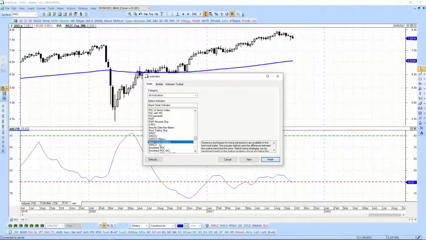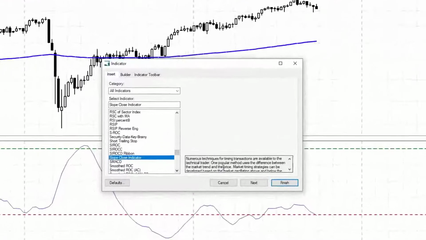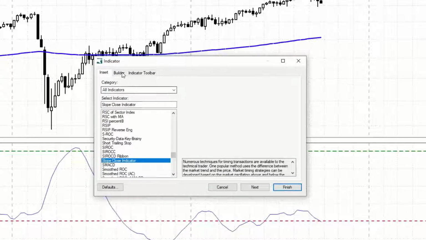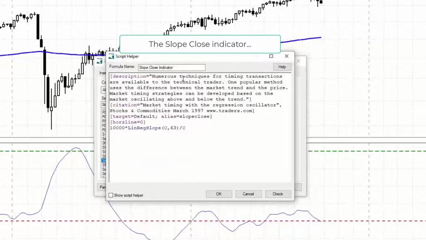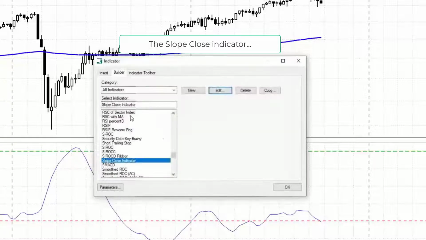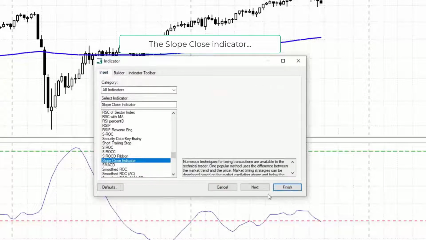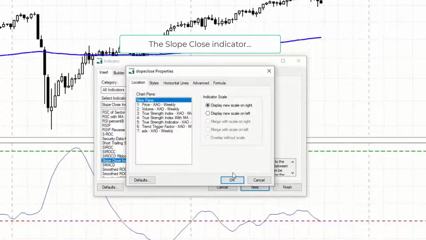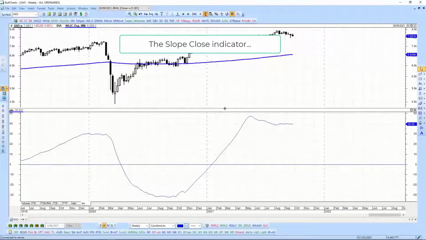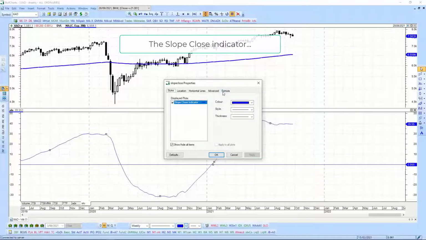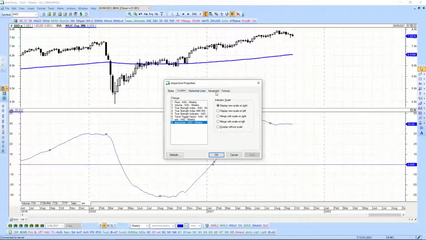I do have the slope close indicator. I think for some reason it uses something like 63. I found that a bit odd, so I changed it to 30 or 40, depending on what I do. It must be a standard.